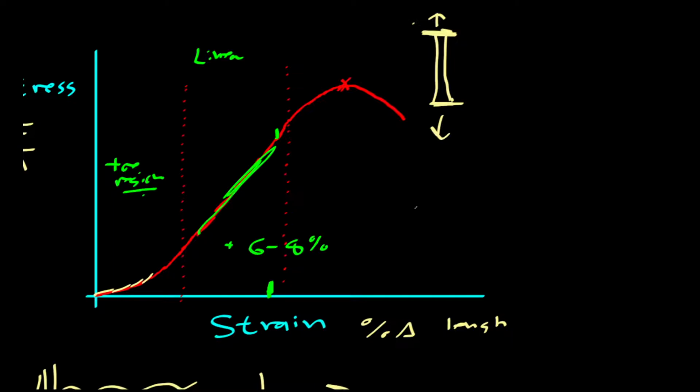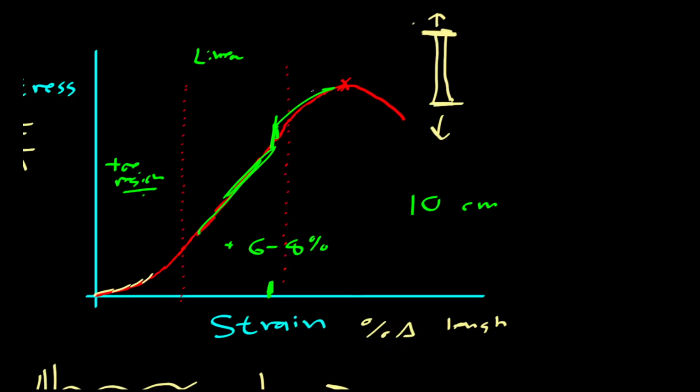So maybe if your tendon starts at 10 centimeters, it might stretch out to 10.6 centimeters. So that's a non-negligible stretch in, say, your Achilles tendon. But you want to stay within that area.